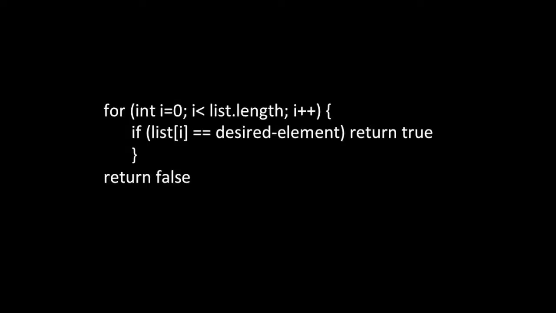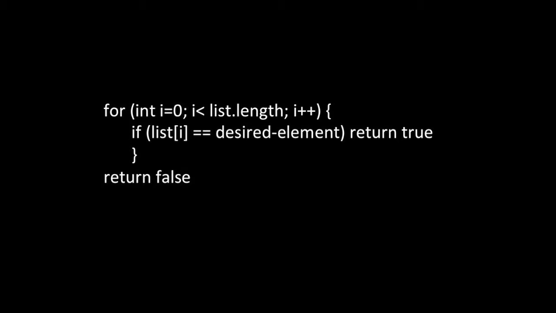And here's the loop control, int i equals 0 will be our start. We'll loop as long as i is less than list.length, and after each execution of the loop body, we'll increment i by 1. The loop body is: if list sub i is equal to the desired element, then we return true.